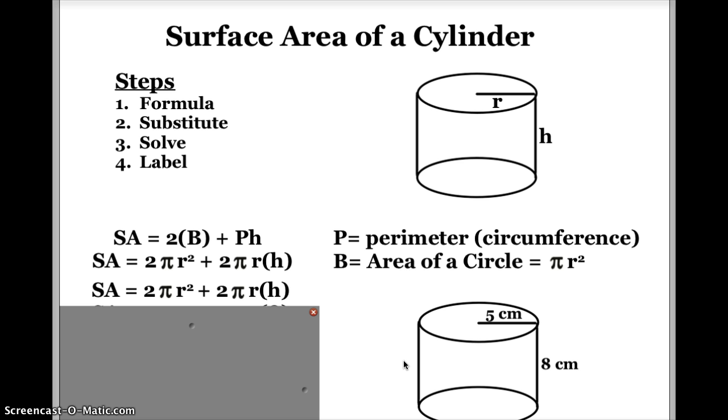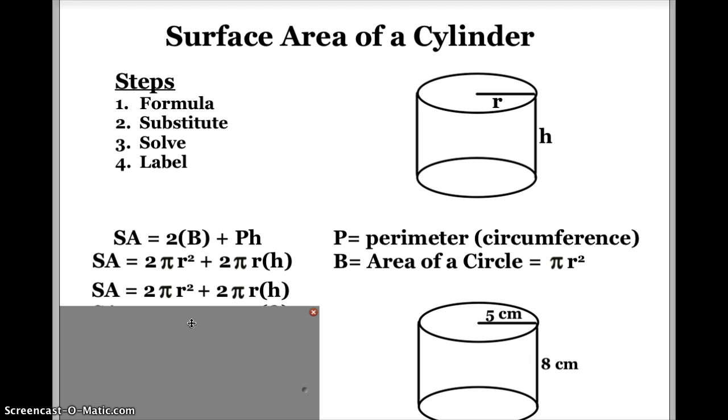And remember, that's the top and the bottom circles. Those are the bases. I have 2 of them, a top base and a bottom base, plus 2 pi r. The 2 pi r part is just going to be the circumference times the height. And that's that rectangle. Sometimes they call this lateral area on some of the problems that you might do. You can think of this second part as the label of the soup can, and the first part is the top and the bottom of the soup can.